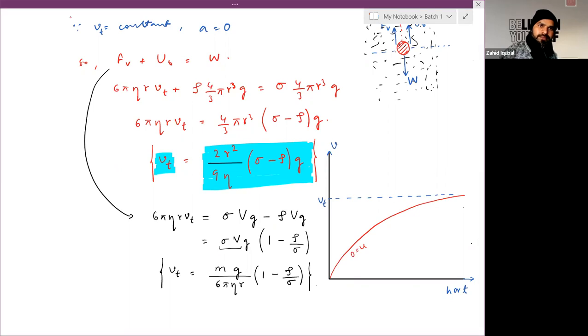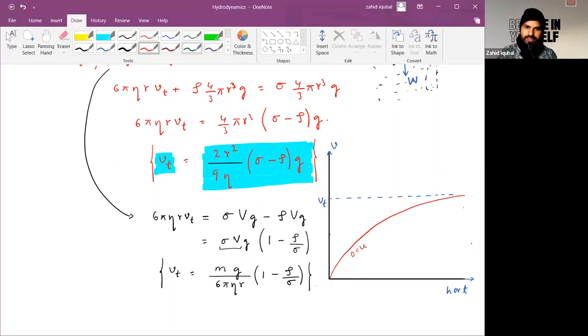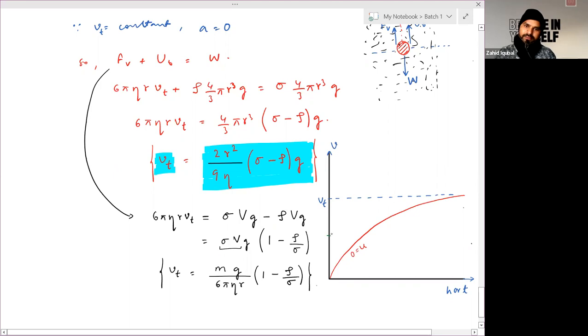In the second case, if the body is projected at some initial velocity but smaller compared to its terminal velocity, it may acquire terminal velocity after some time. This is greater than 0 but less than terminal velocity.